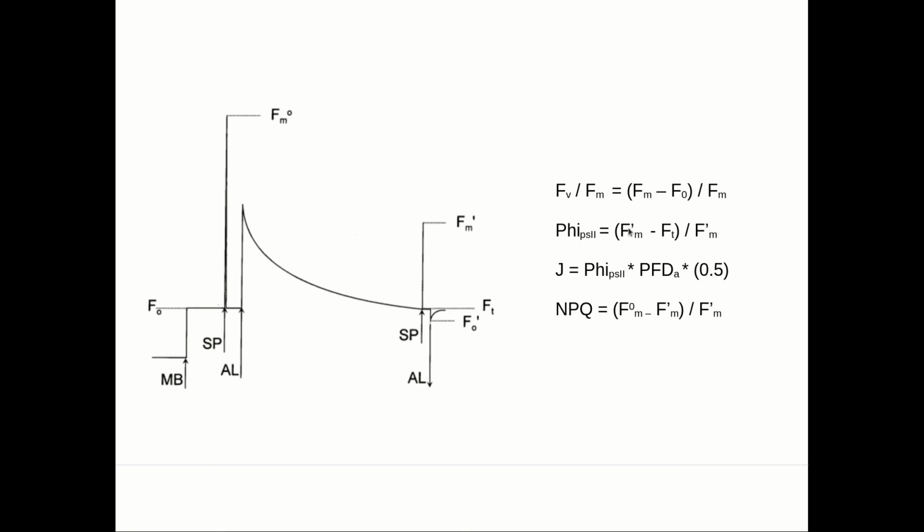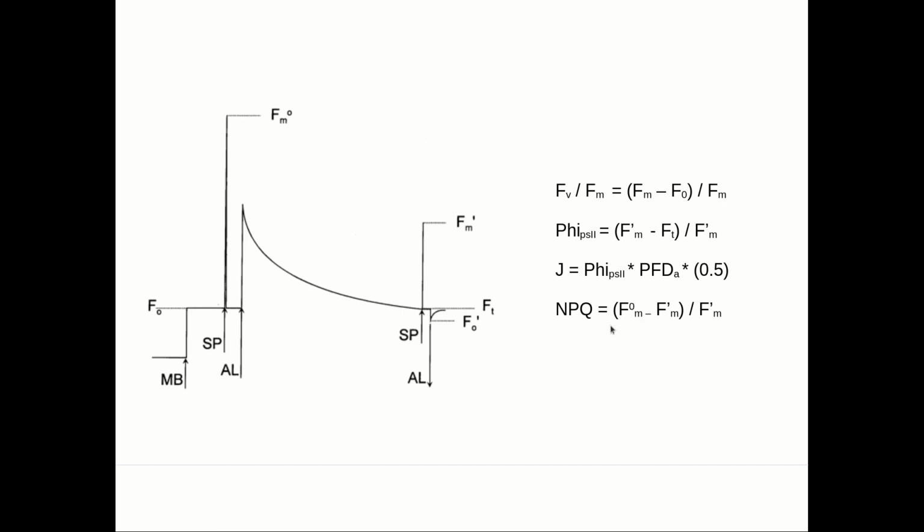So the efficiency of photosynthesis, what proportion of the light is going towards photochemistry, is measured by phi PS2. But the total amount of linear electron flow, so the total amount of electron transport, is measured by this J parameter.